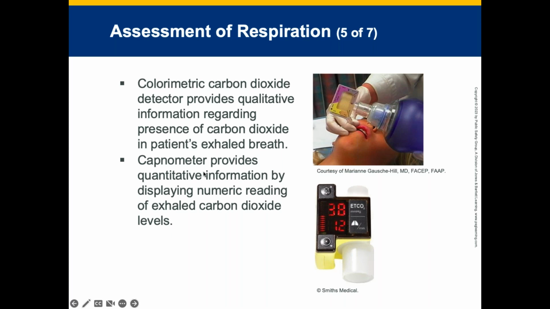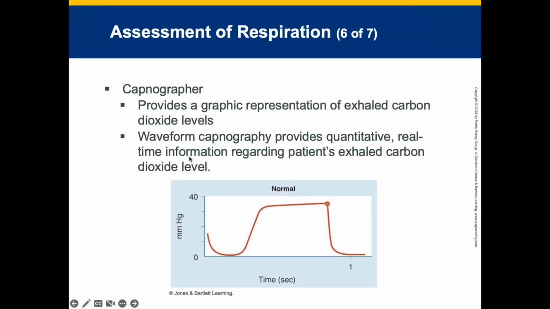It gives you a better reading of where we sit, but the best thing to have is the capnograph, as you can see here. This provides a graphic representation of exhaled carbon dioxide levels. The waveform capnography provides quantitative, real-time information regarding the patient's exhaled carbon dioxide. So, the patient takes a breath in, it drops down to 0.